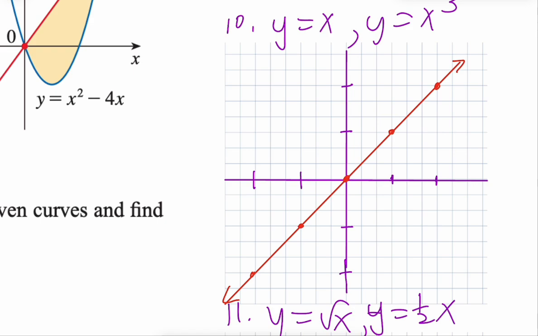And then our cube function hits the points 0, 0 and 1, 1. At 2, it goes all the way up to 8, so it just goes very quickly. Now, technically, the answer to this problem is 0. We have a positive area, we have a negative area. I'm not going to give you one like that.